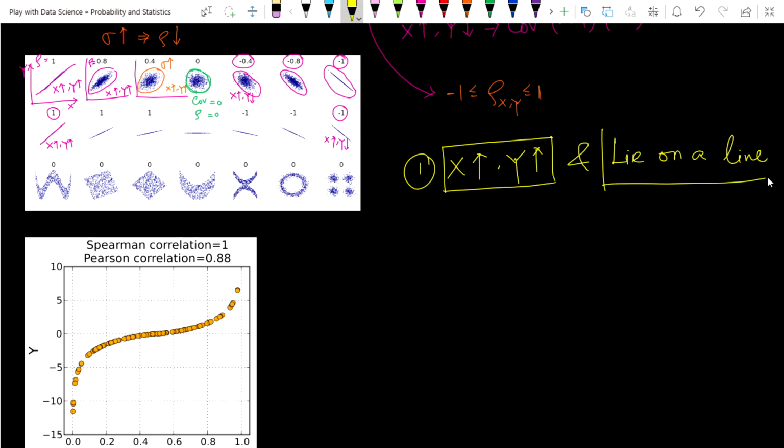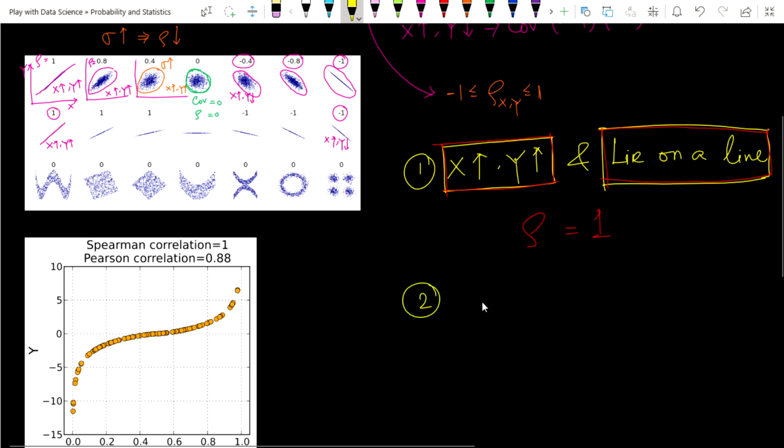The second thing we observe is that if it lies on a line, then the value of the Pearson coefficient will be exactly 1.